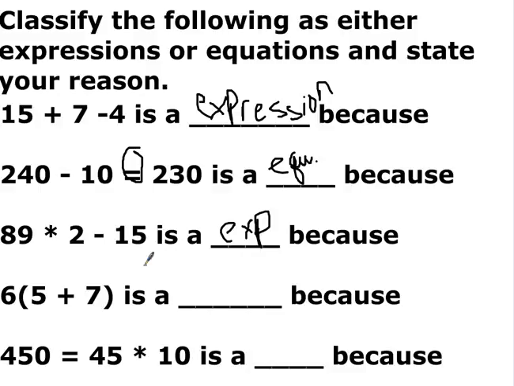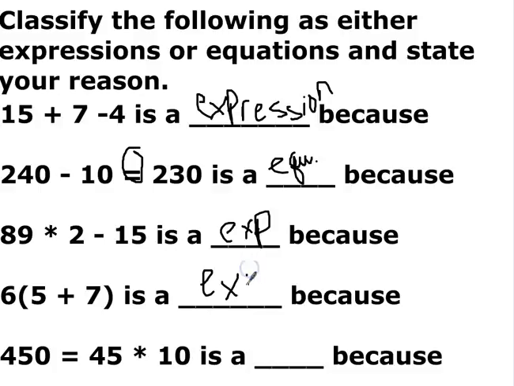And the next one, 6 times the sum of 5 plus 7 is a what and why? And Sage, share what you and your partner talked about. And again, if you said this is an expression, you are correct.